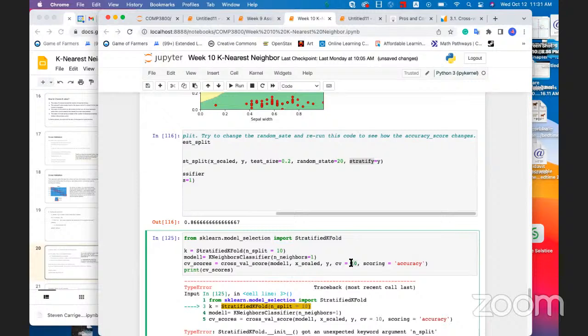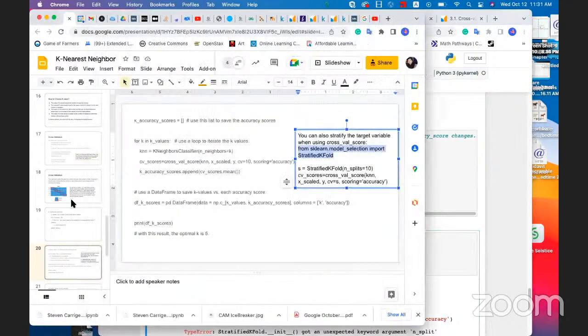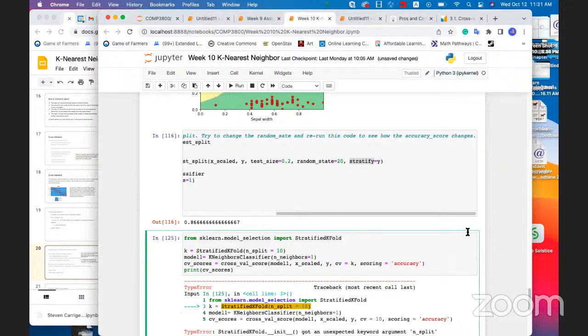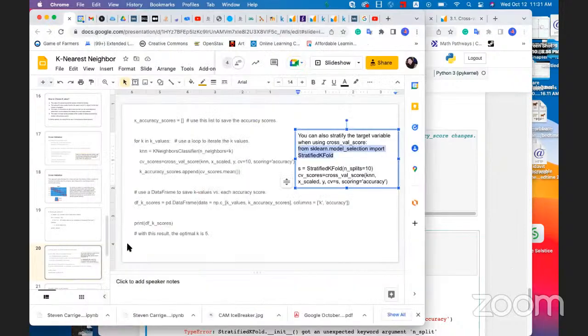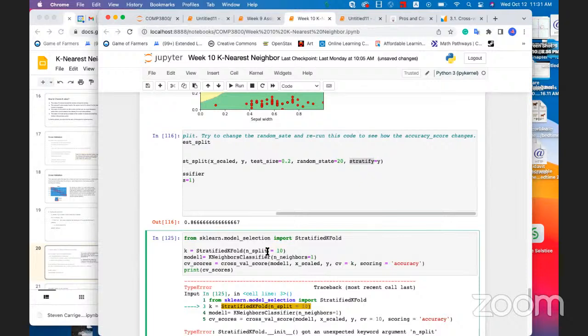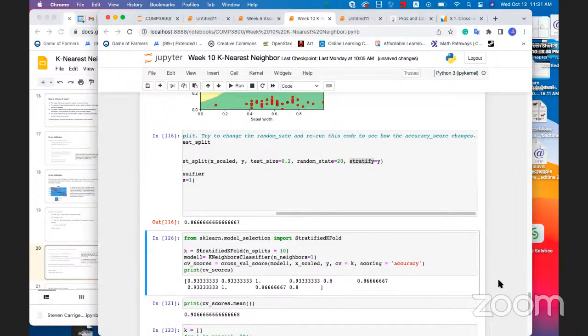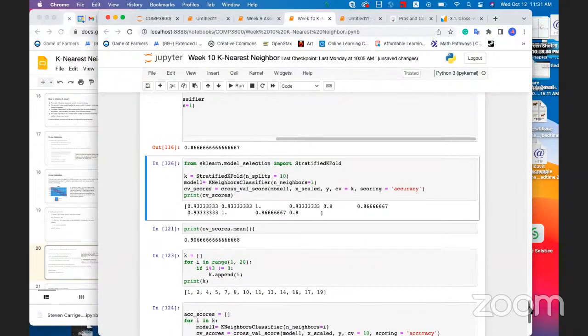Probably something wrong here. Okay, stratified k-fold and split. Some of this score doesn't look real.